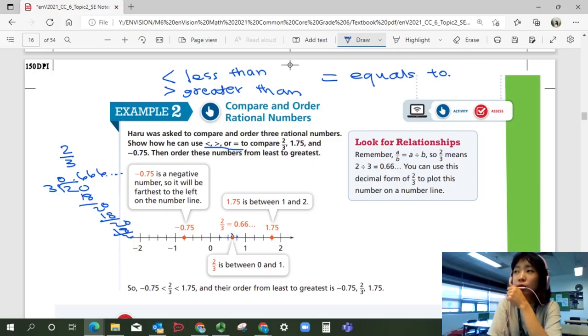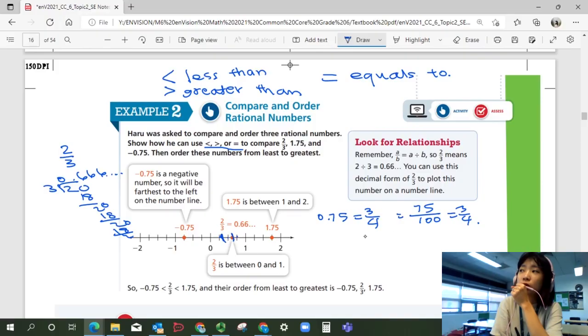But if you divide the unit into thirds, that's where 2/3 is, okay? And 1.75. 1.75 is between 1 and 2. You know that 0.75 is 3/4 from the previous example, right? Because 75 over 100 is 3/4. That's equal to 0.75. So you're going to go 1 and 3/4 to the right from 0.